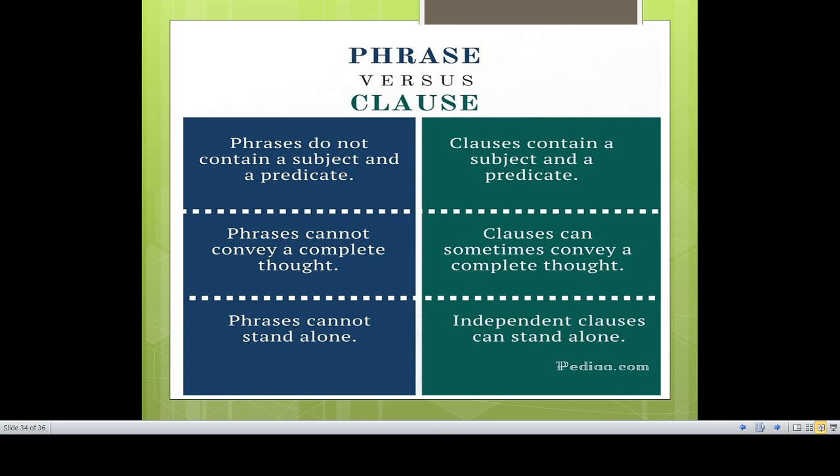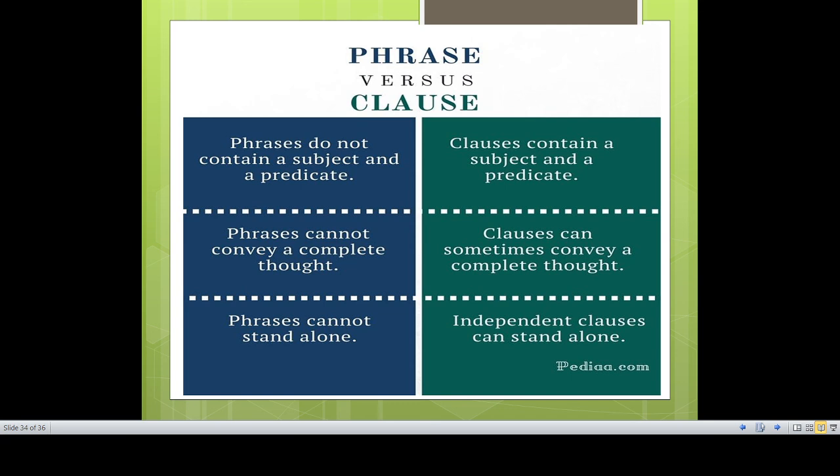Finite verbs originally are finite. They form limited person and possible person and number of the subject. That's why you call it concrete. They appear in almost all sentences. You can see phrases do not contain a subject and a predicate, and clauses do contain a subject and a predicate.